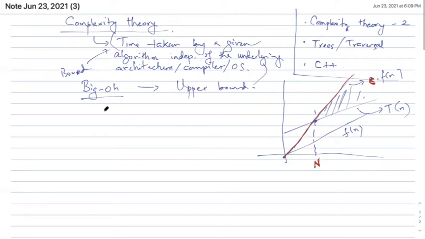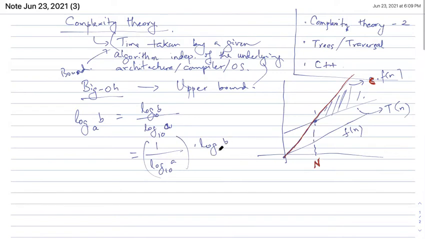When you come to the logarithmic notation, one obvious thing to tell is that if you have log b base a, we know that this is going to be log b with respect to any base that you like. You can convert into, let's say, base 10. So you can see that it will have a factor of log a of 10 with respect to log b of 10.